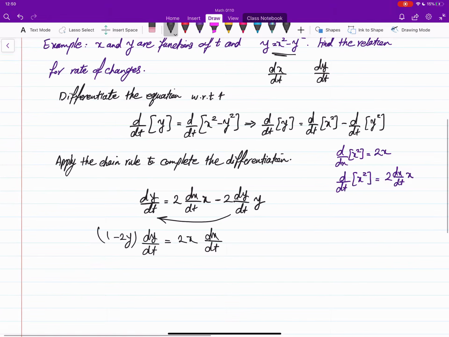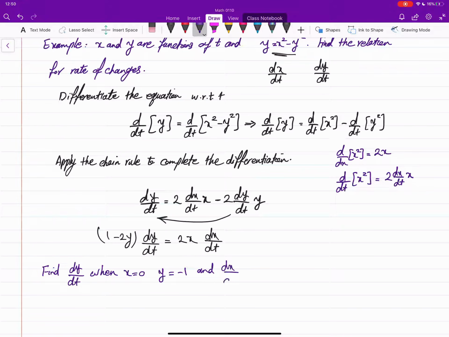Actually, if I'm given some numbers, for example, find dy dt when x is 0 and y is -1, and dx dt is 2.